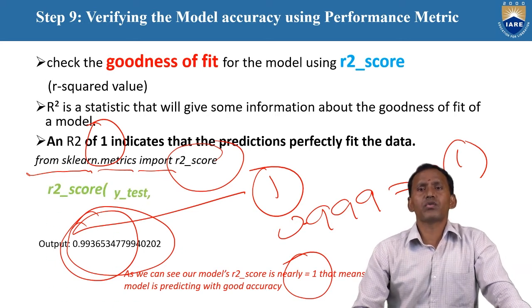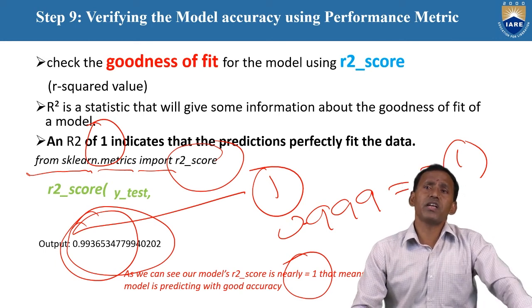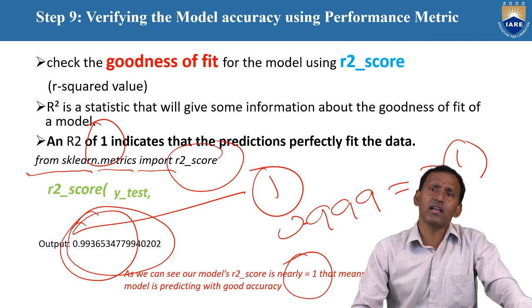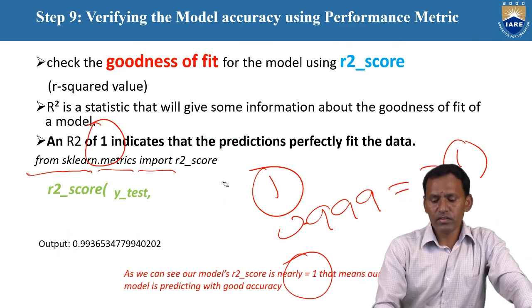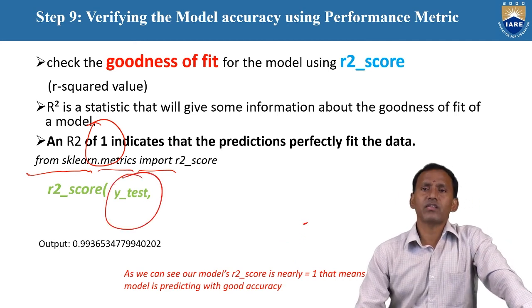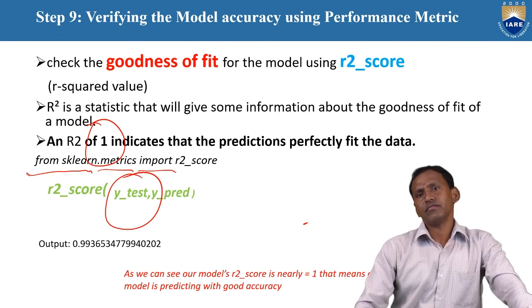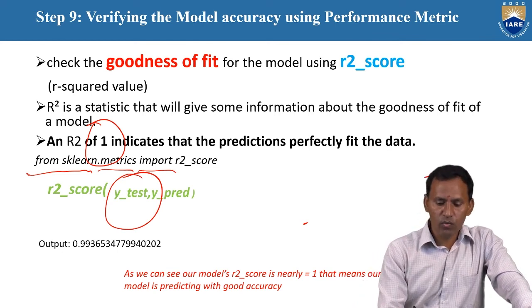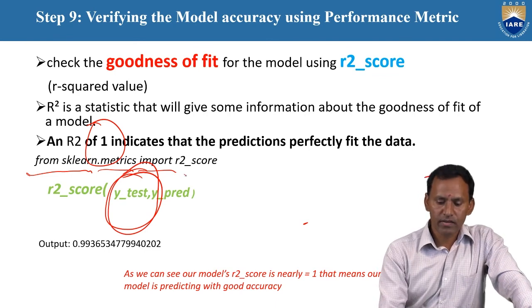The r2_score is a method with which we can find out the goodness of fit of our trained model with two parameters. We have to give Y_test, and the second one, Y_predicted. So we give test and predicted.